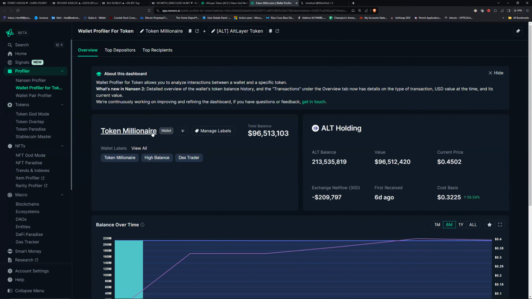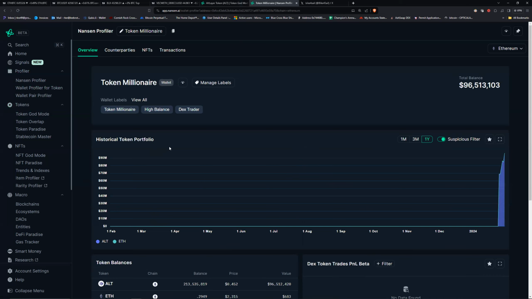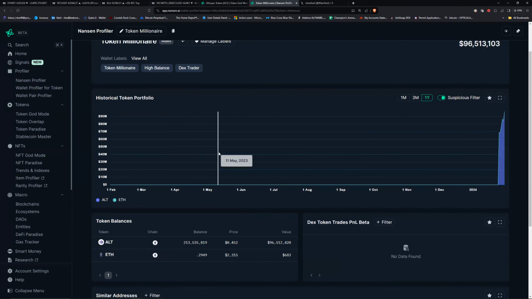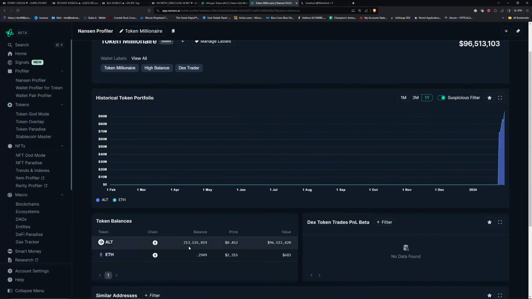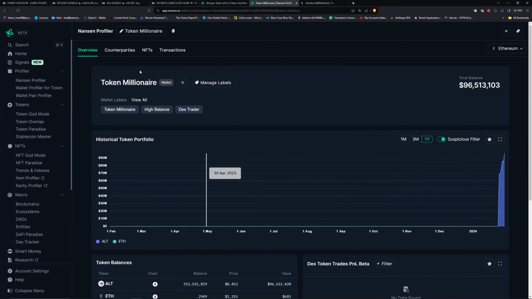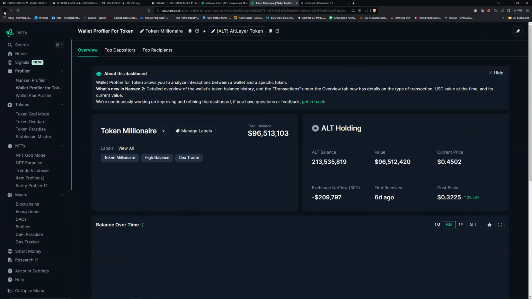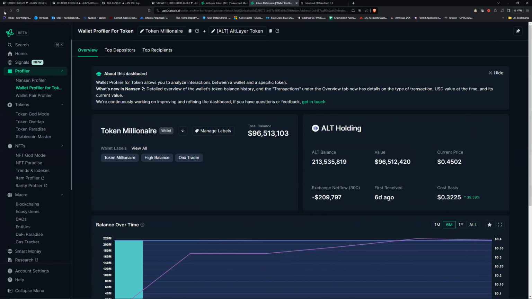It doesn't show that it's a market maker. Hmm. I mean, that's a little bit concerning that somebody owns so much like that, because you don't want them to dump on you. But it's only one wallet that looks like that.